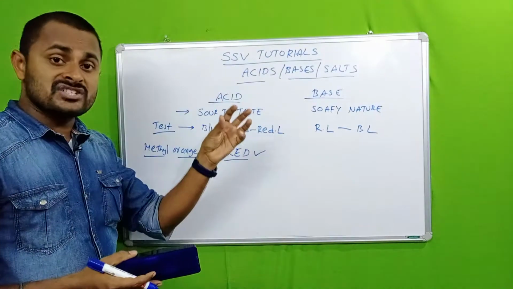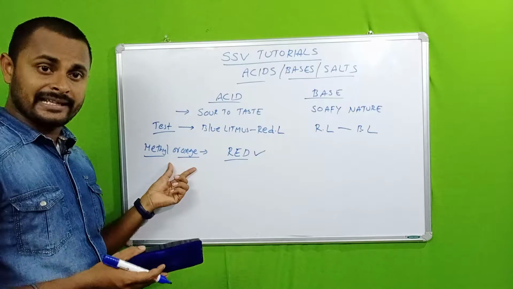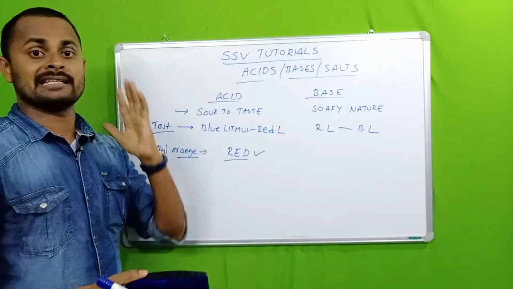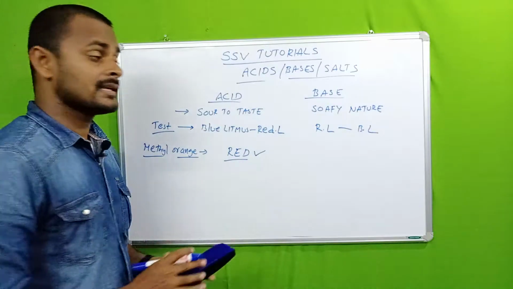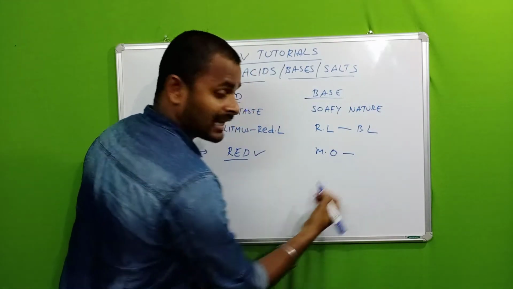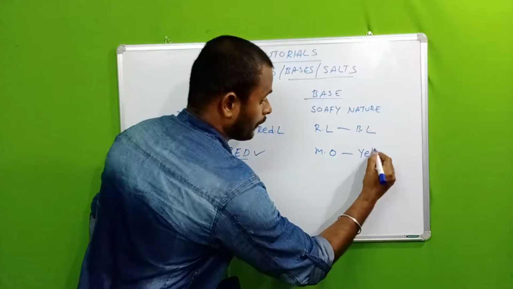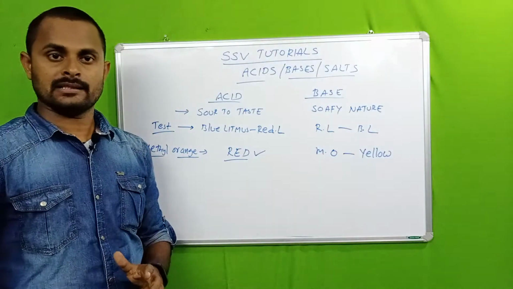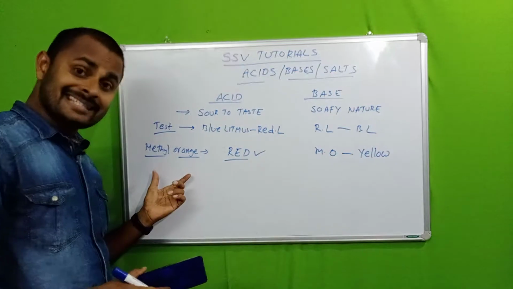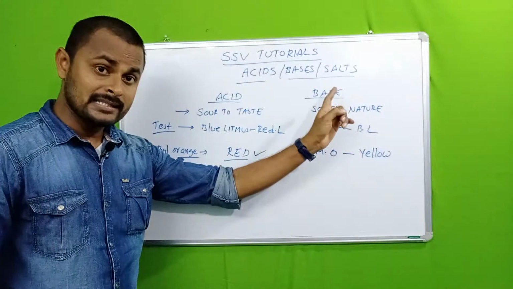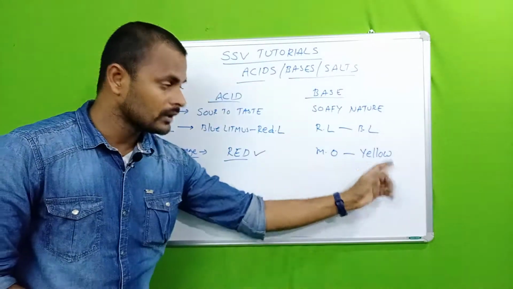Substances which change methyl orange into red are called acids. And bases? Substances which change methyl orange into yellow are called bases. Very, very important: acids convert methyl orange into red color and bases convert methyl orange into yellow color.